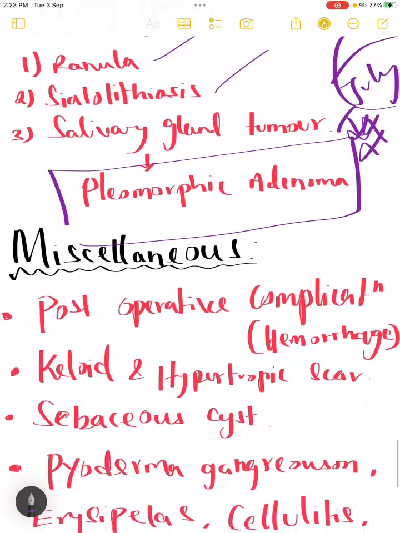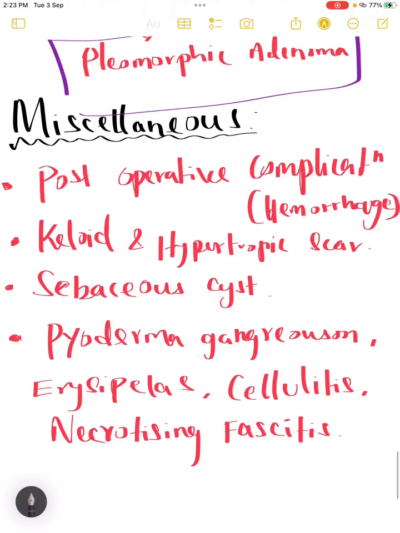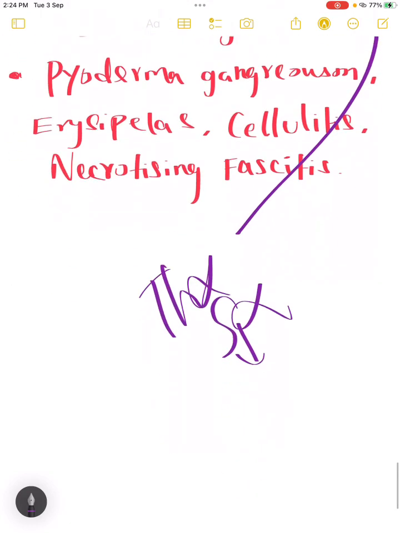Then miscellaneous: don't lose any miscellaneous topic from surgery. It will be helpful in dermatology and some other subjects also. In miscellaneous, I mark down post-operative complications like slipped ligature and bleeding. If you take the example of thyroid surgery, there will be reactionary bleeding at the operation theater.